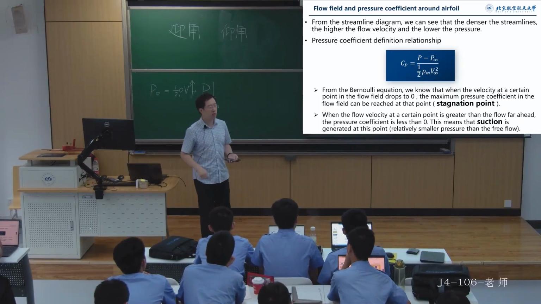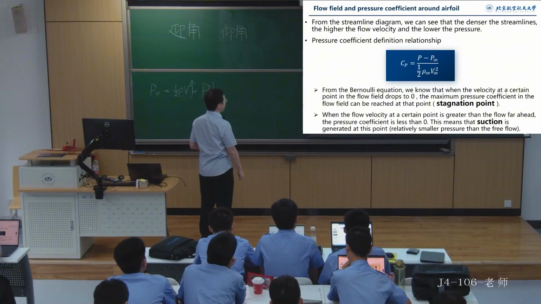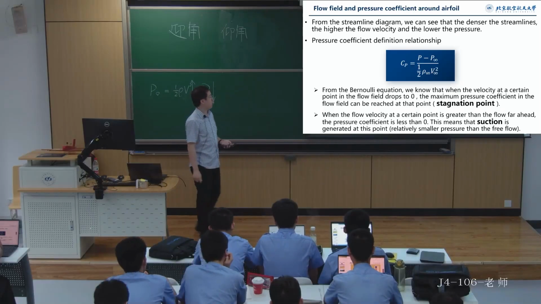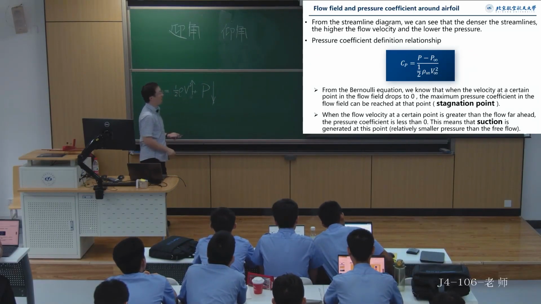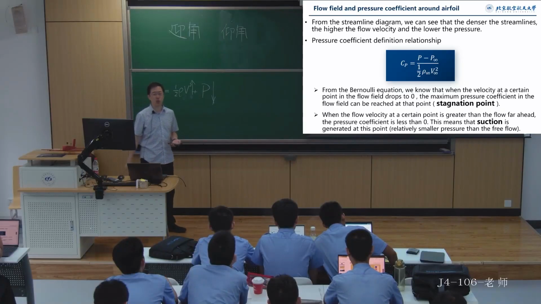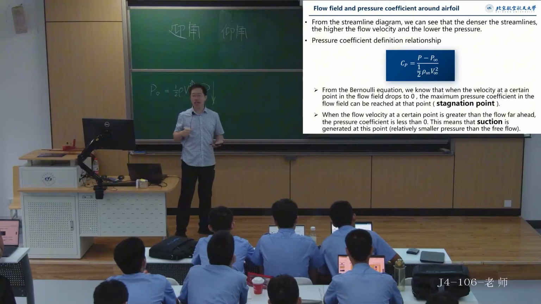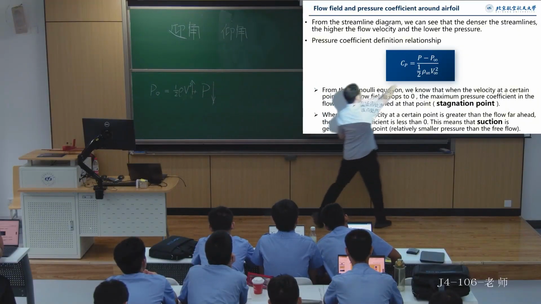Now, in the context of suction, let's take a look at the pressure coefficient. Since the velocity at this point is undoubtedly higher than the free stream velocity upstream, right? Then, corresponding to the local pressure coefficient at this point, because the pressure here is certainly lower than the pressure far upstream, the numerator in the pressure coefficient formula should be a negative number.